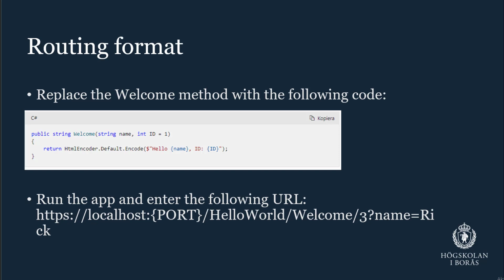Run the app and enter the following URL: HTTPS localhost and the port number you have, followed by /helloworld/welcome/3?name=Rick. And let's see what actually happens here now.